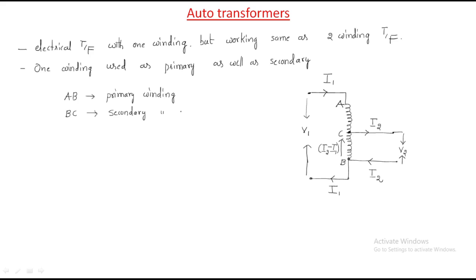BC is the secondary winding. The winding is tapped at C. At C, the winding is tapped, which means we are taking some winding path from C.